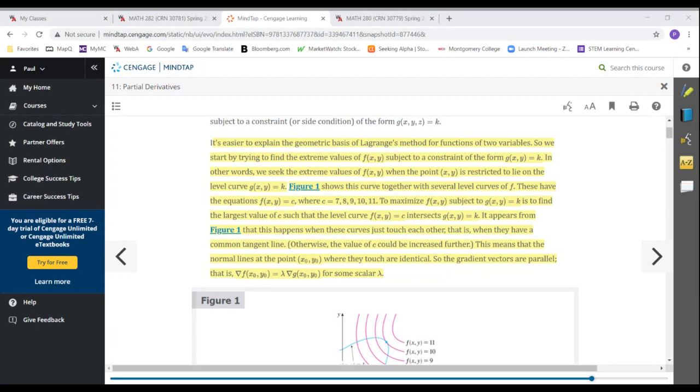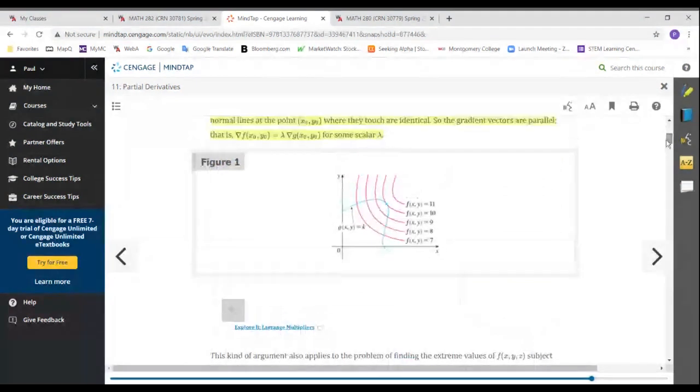So figure 1 shows that curve together with several level curves of the function. You have those red level curves of the function, and then you have the constraint g of x, y equals k.